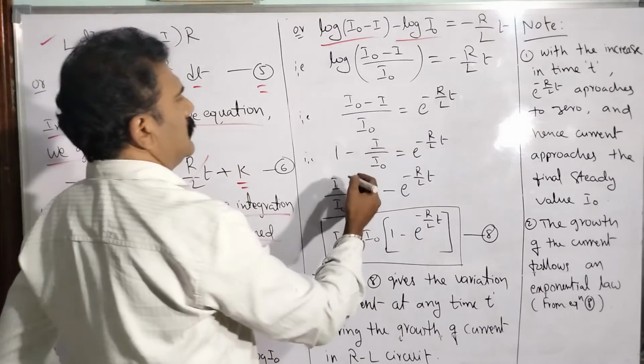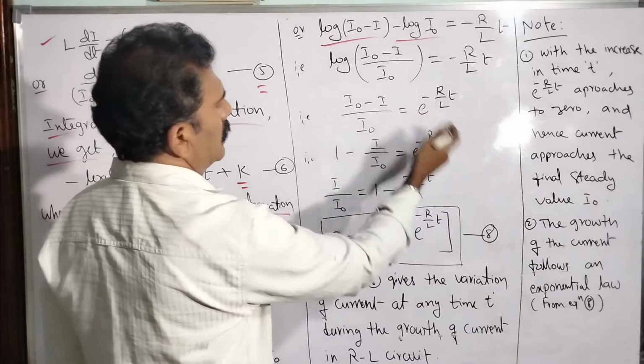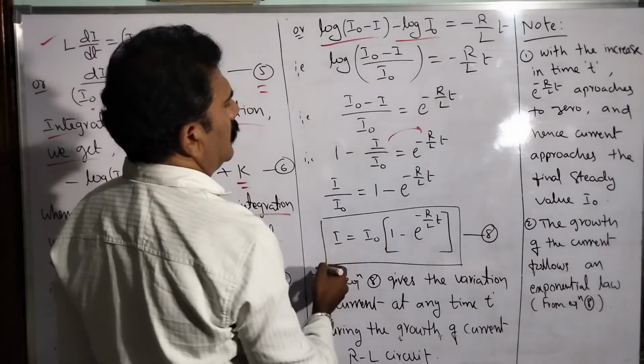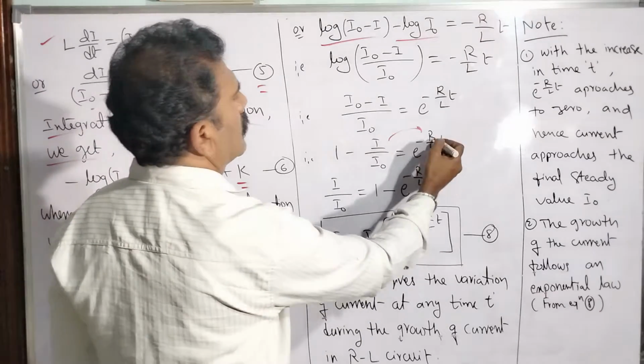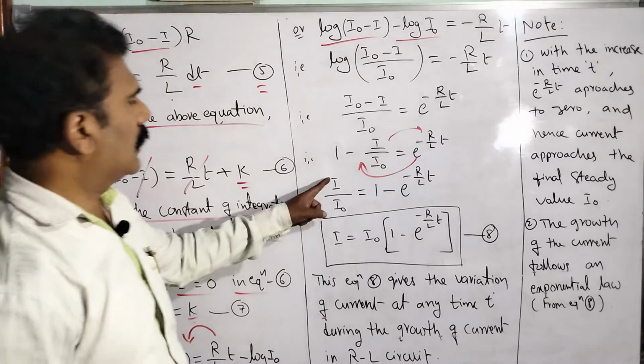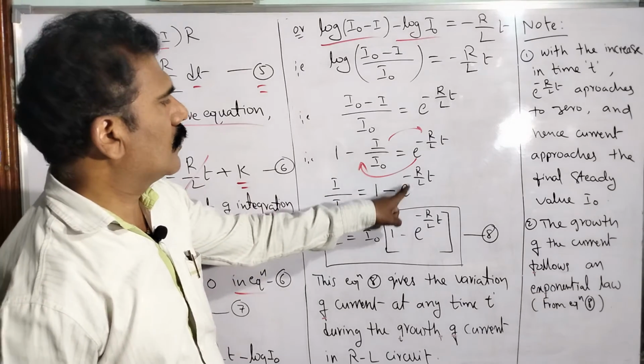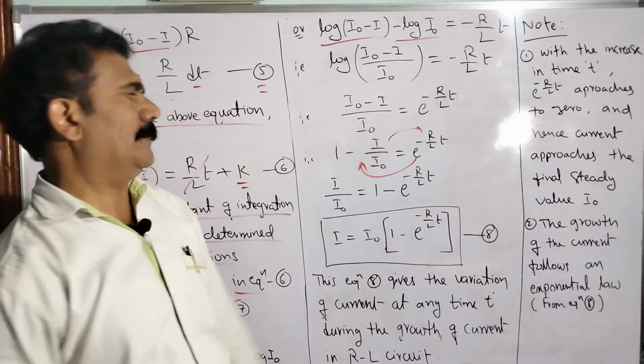The next step: I by I naught is what I want, so you take I by I naught to the right hand side and e to the power of minus R by L into t to the left hand side. So you will get the next equation: I by I naught is equal to 1 minus e to the power of minus R by L into t.